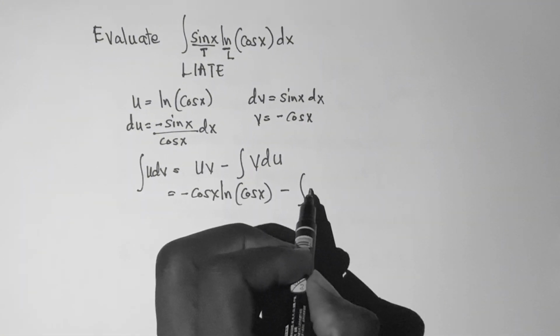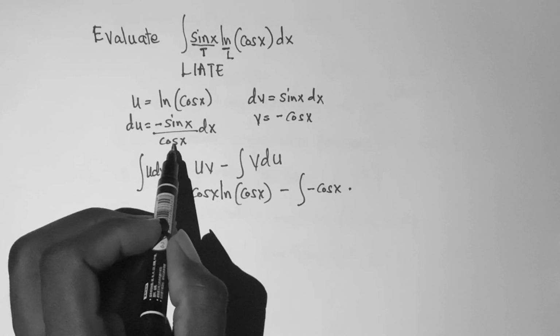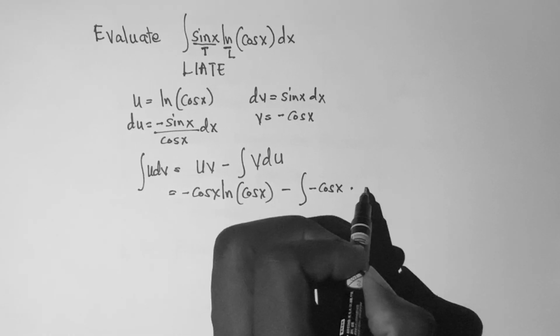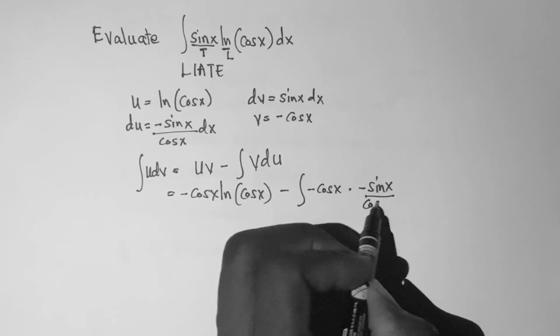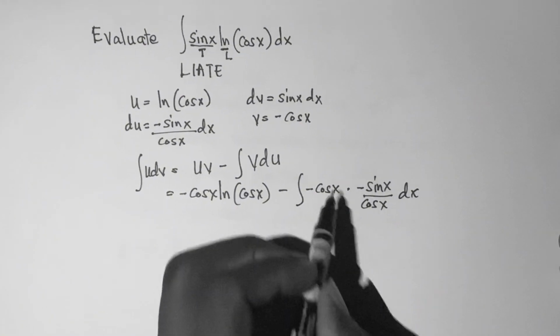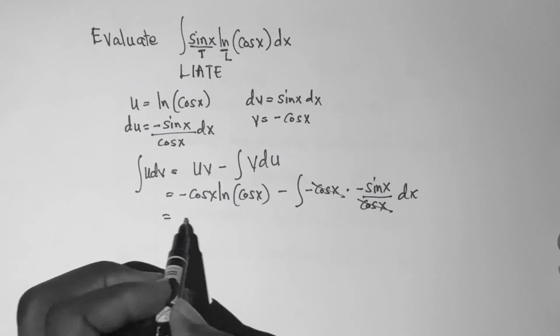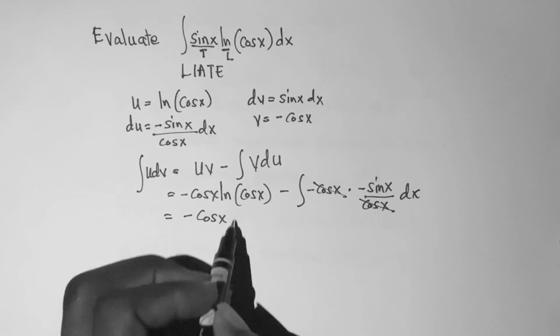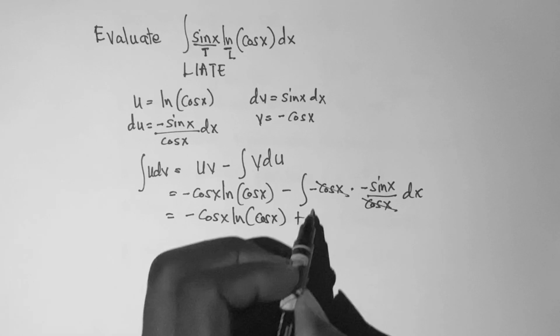So let me put it here: minus cos x times du. du is minus sine x divided by cos x dx. So you see that this cos x and cos x can cancel. So we are left with minus cos x natural log of cos x, then plus the integral.